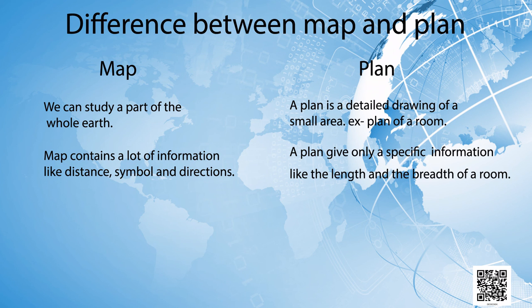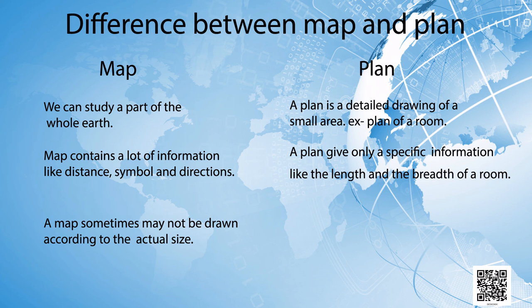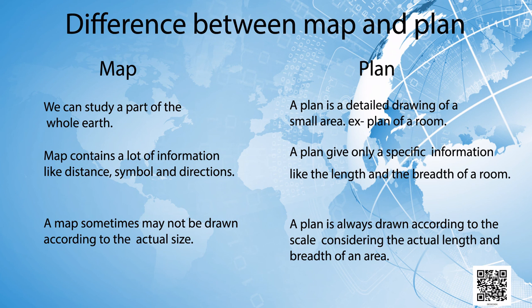A plan gives only specific information like the length and the breadth of a room. A map sometimes may not be drawn according to the actual size. A plan is always drawn according to the scale, considering the actual length and the breadth of an area.